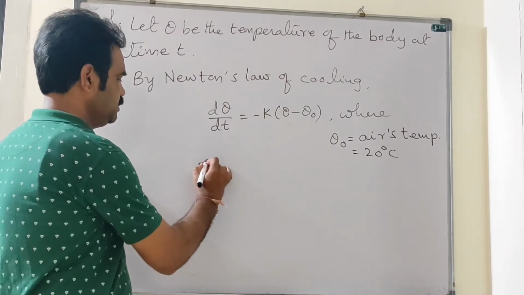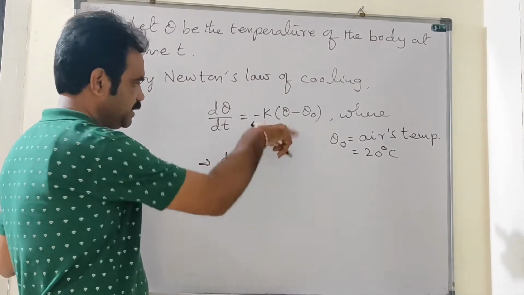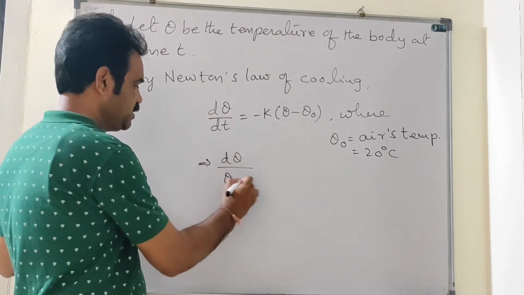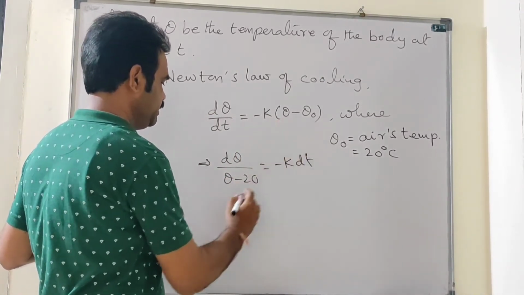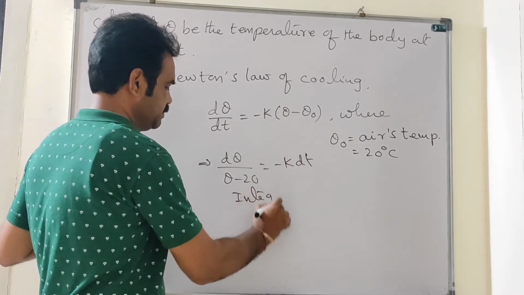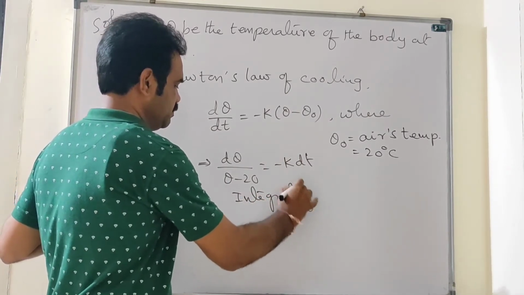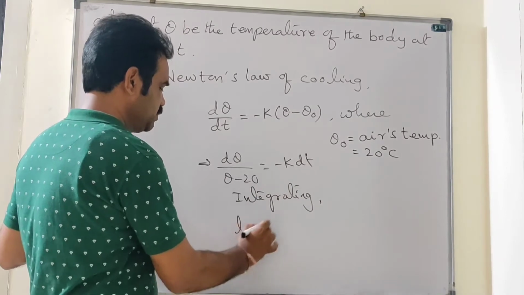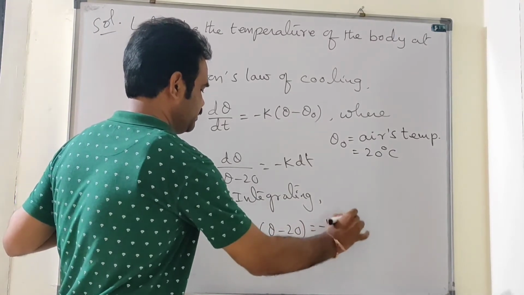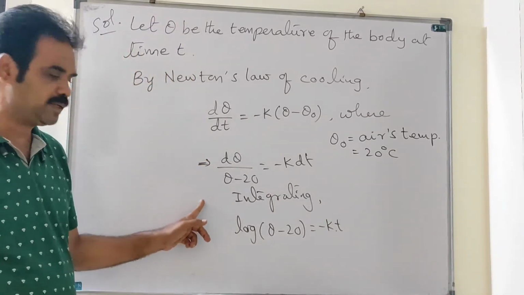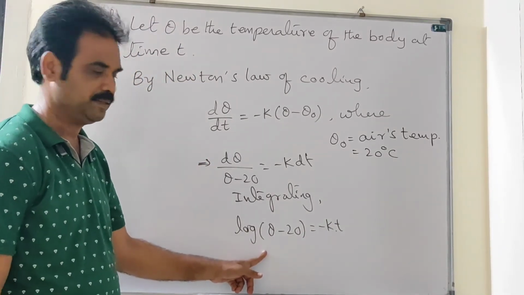It implies d theta by theta minus 20 is equal to minus k dt. Now integrating, log of theta minus 20 is equal to minus kt. Integral d theta by theta minus 20 is log of theta minus 20.